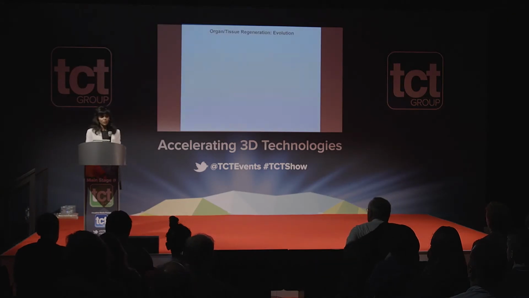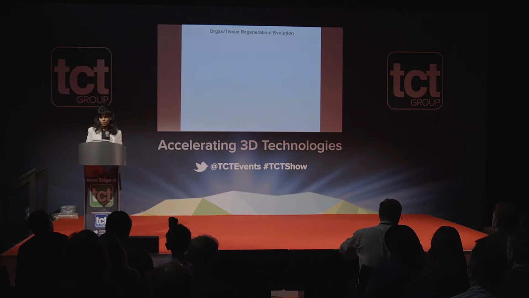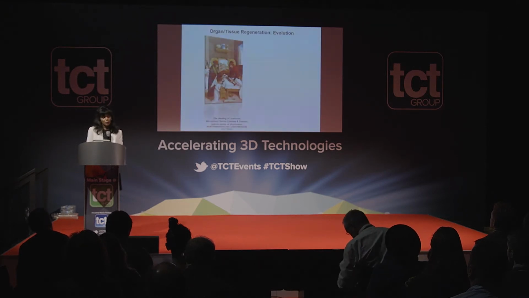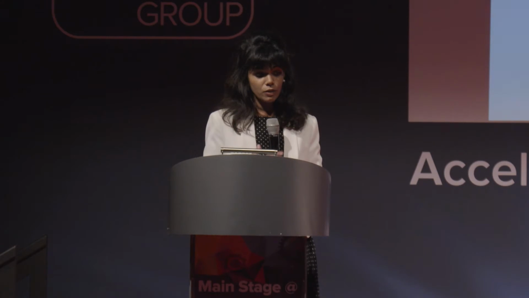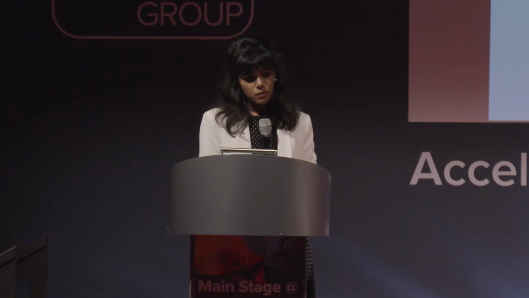So I think all of us are acutely aware of the need for artificial tissue and organs, because not just now, from a really long time ago, this has been an interest for a lot of people. And as you can see from this painting, it's been recognized even in that conversation, the need or the intention to regenerate or transplant limbs.